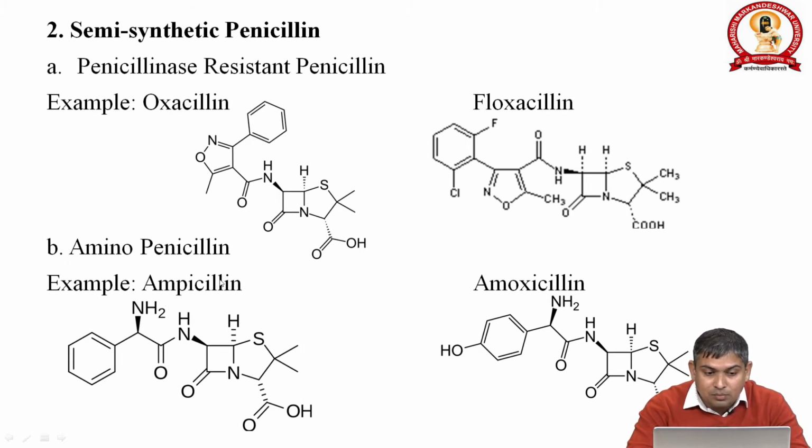The first example of aminopenicillin is ampicillin, which is characterized by the presence of this amino substituted benzyl functional group. And the second example is amoxicillin. Amoxicillin is characterized by the presence of a para-hydroxy benzyl substitution having an amino substitution at the first carbon atom. These are the examples of aminopenicillin.